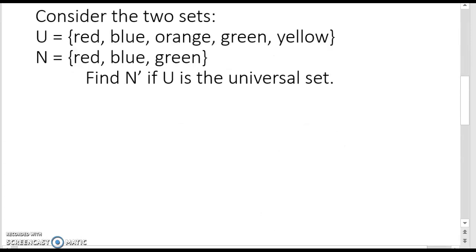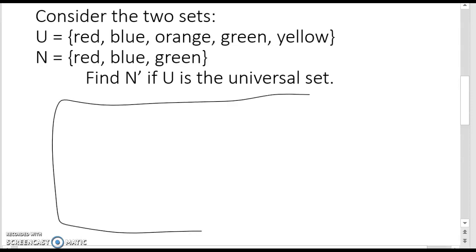Let's consider the two sets. We have the universal set: red, blue, orange, green, and yellow. And then we have the subset N, which is just red, blue, and green. Our goal is to use a Venn diagram to find the complement of N, noted as N prime, if U is the universal set.